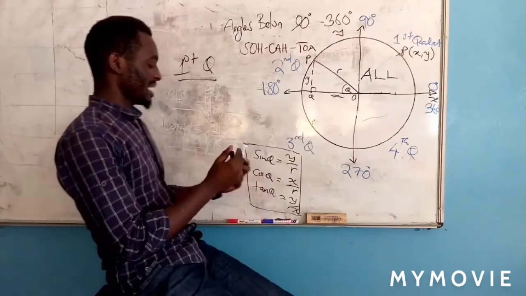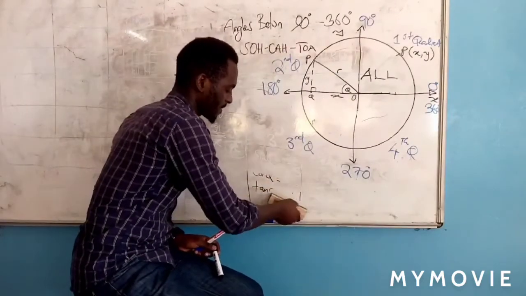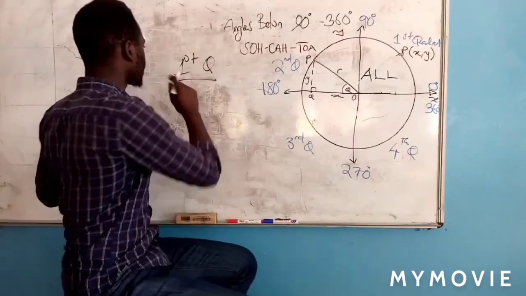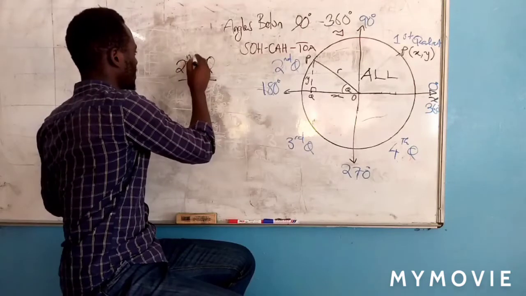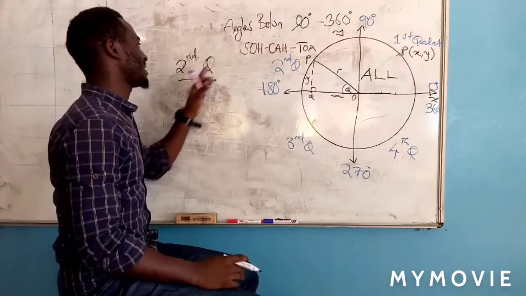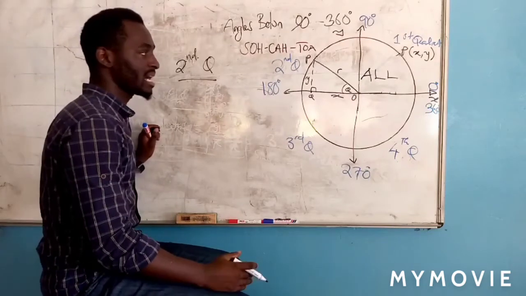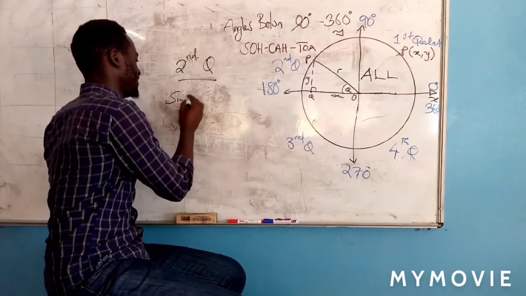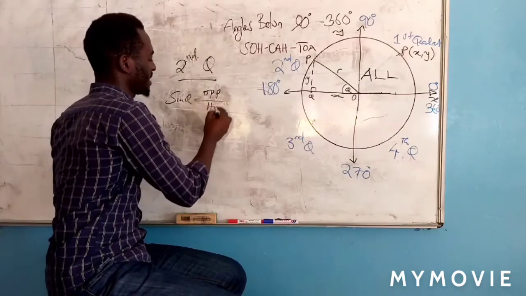Okay, so again, I'm going to apply, let's say the second quadrant now, meaning angles from 90 degrees to 180. I'm going to start with sine. Sine theta is equal to opposite over hypotenuse.